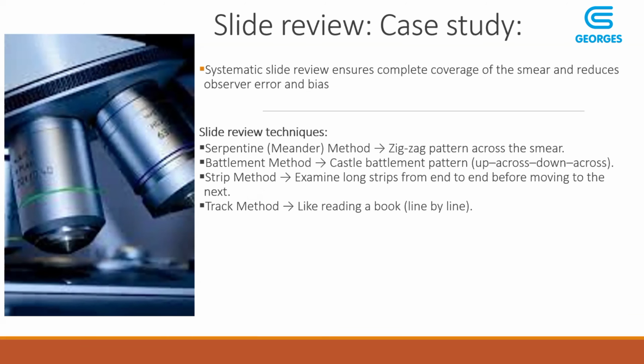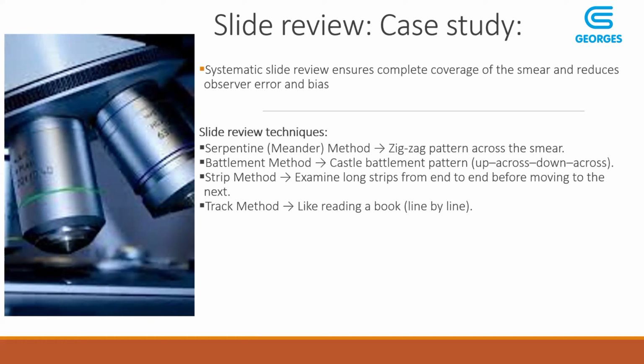So there are quite a number of techniques. We have listed 4 of them, where we have the serpentine or the meander method. This is the zigzag pattern review of a smear, where you review a smear in a zigzag manner. This ensures that the whole smear is covered and you cannot miss a parasite with this method.